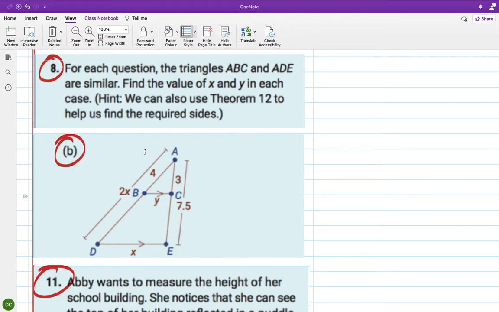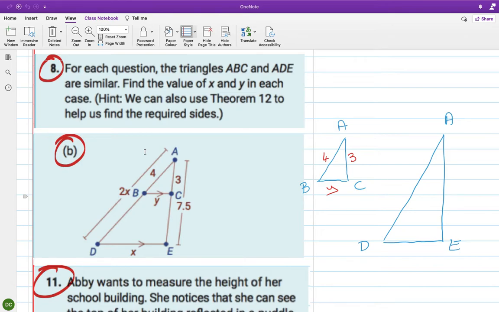They said that ABC has sides 4, 3, and y, and that it was similar to, so it has the same angles as, the big one, DEA or ADE.